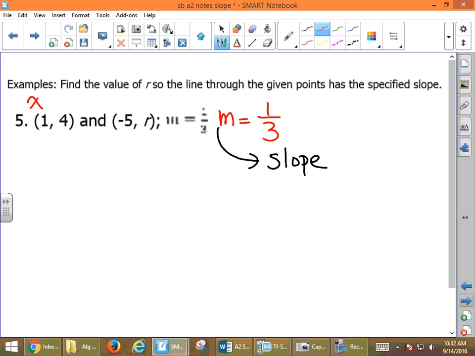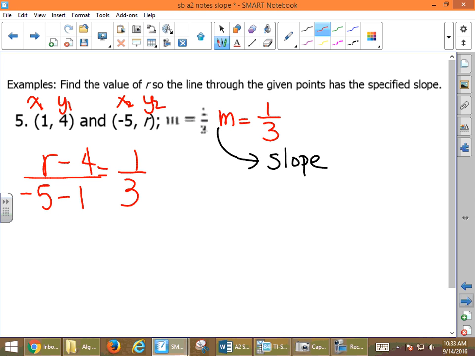So let's go back and label our points again and fill in our formula. It is y2 minus y1 divided by x2 minus x1 equals the slope of 1/3.